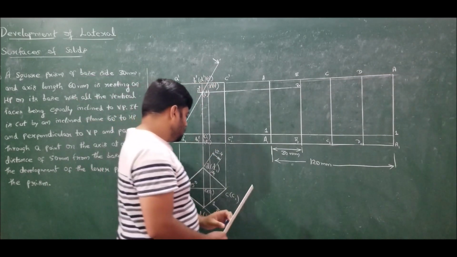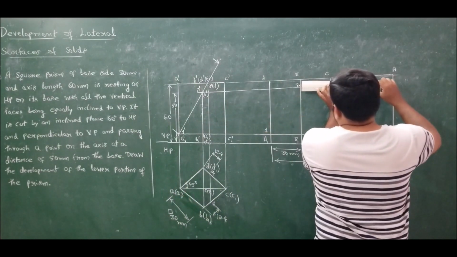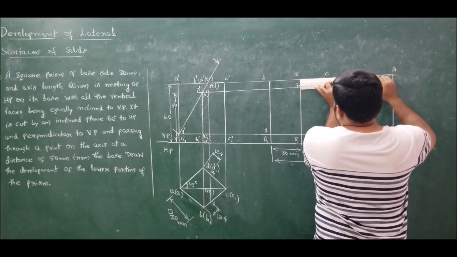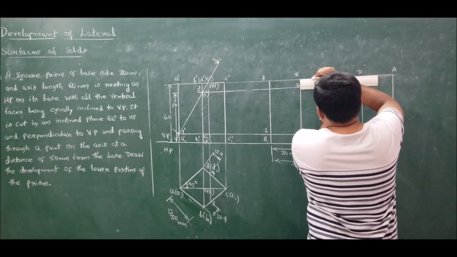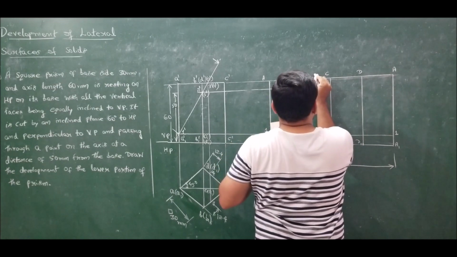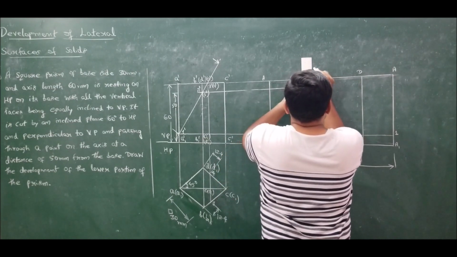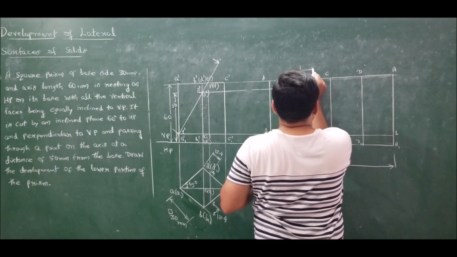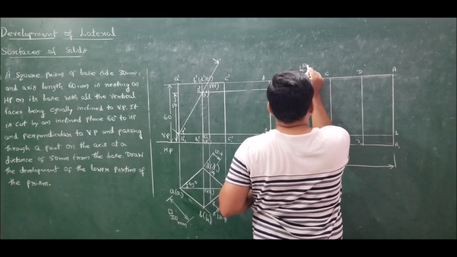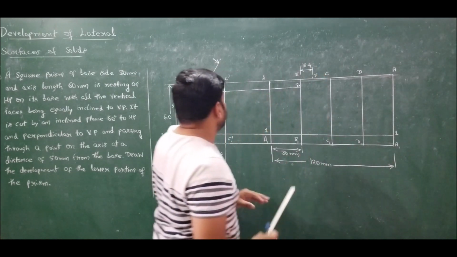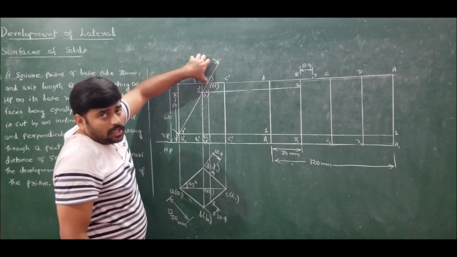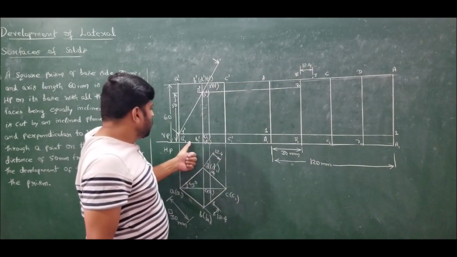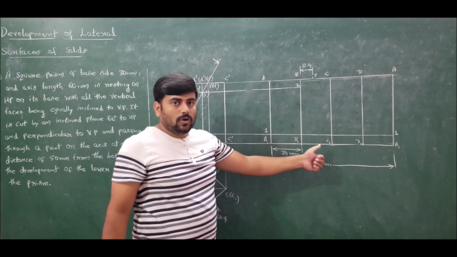So measure 12.4 from B. I will get point 3 here, at a distance of 12.4 millimeters from B, between B to C. Since it is cutting at the top side, I am marking at the top. If it cuts at the bottom, you should mark at the bottom. Hope you follow.